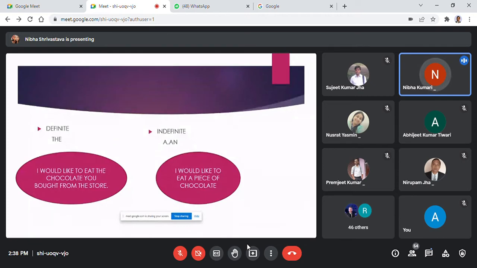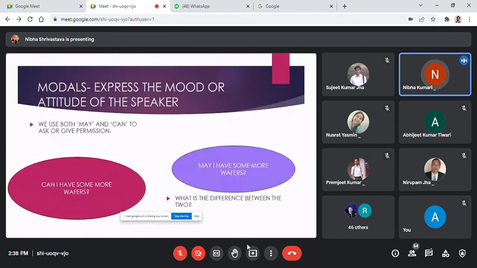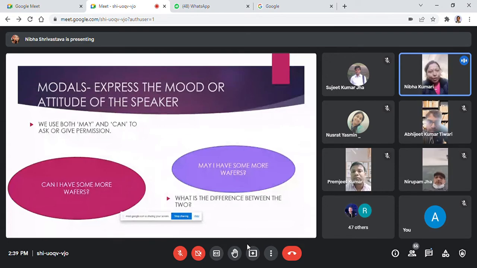Now, another part of grammar where we also get confused many times: modals. Modals are used to express the mood or attitude of the speaker. We use both may and can to ask or give permission.